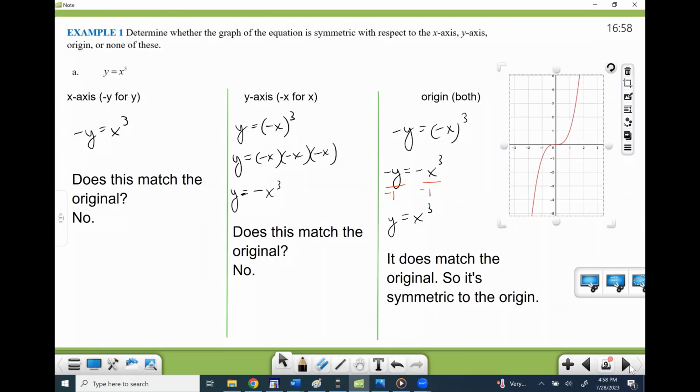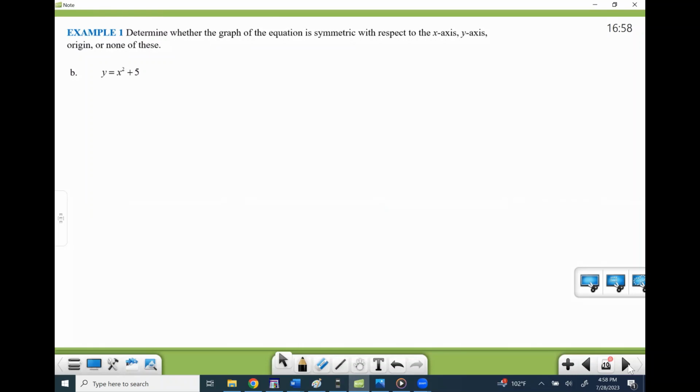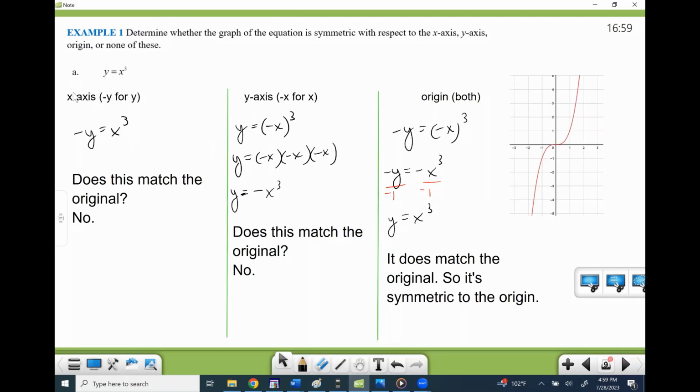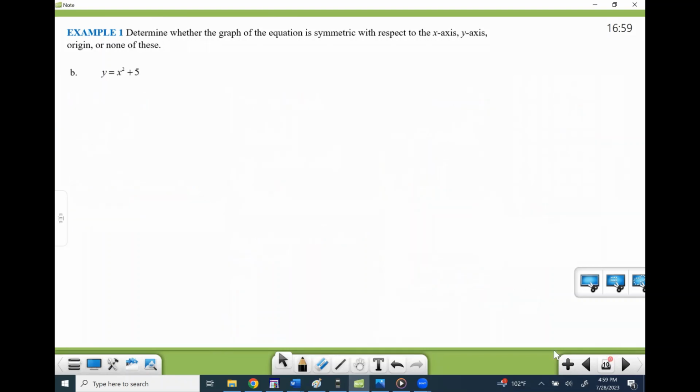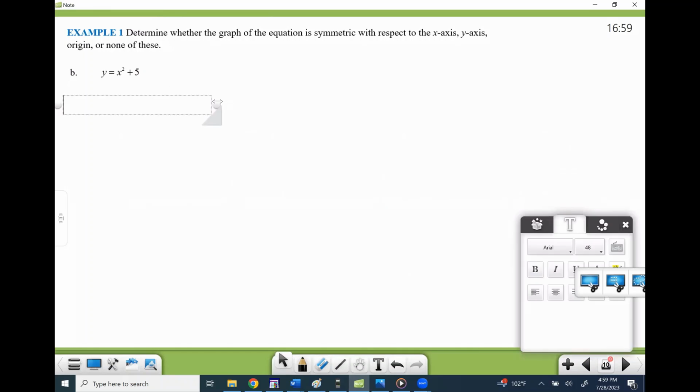There we go. Okay, let's try another one. Okay, so I'm just going to copy this again. It won't let me, so just kidding. I'm just going to type that again. All right. So we want to know if it's symmetric to the x, to the y, to the origin, right? All right, so for symmetric to the x-axis, it's negative y for y.